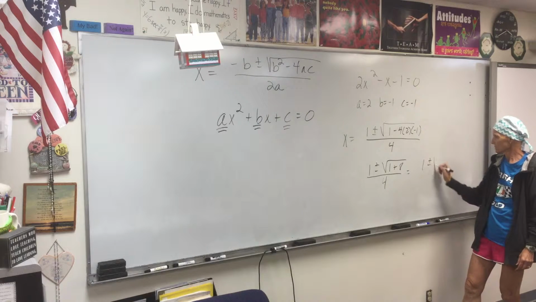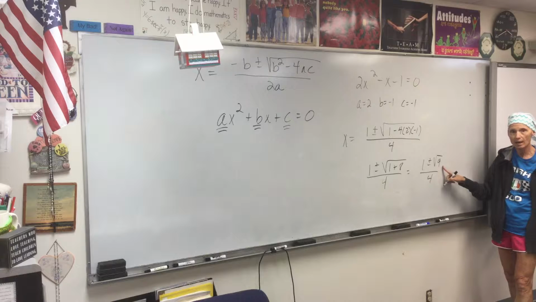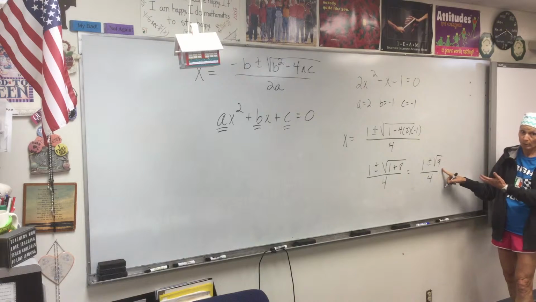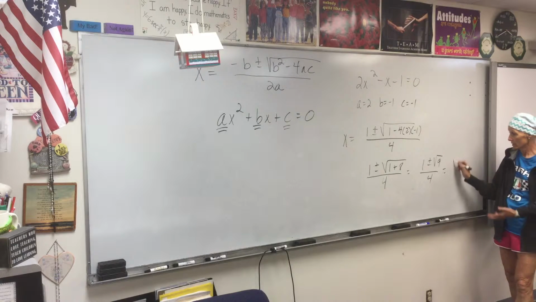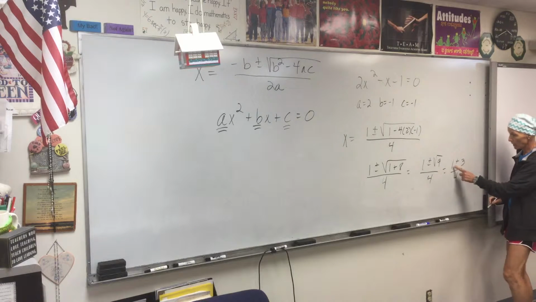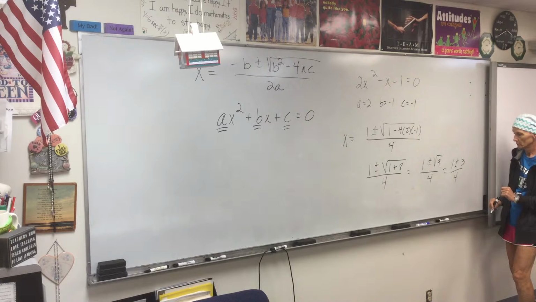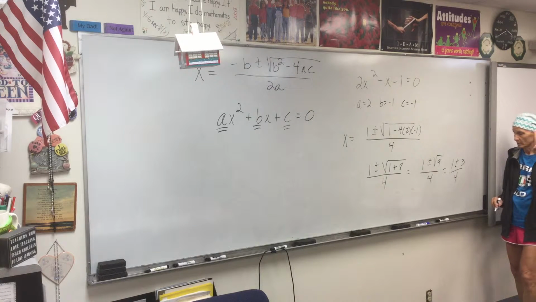So we have 1 plus or minus the square root of 9 over 4. 1 plus 8, 9. And of course the square root of 9 is 3. So we have 1 plus or minus 3 over 4. That's 2 answers.